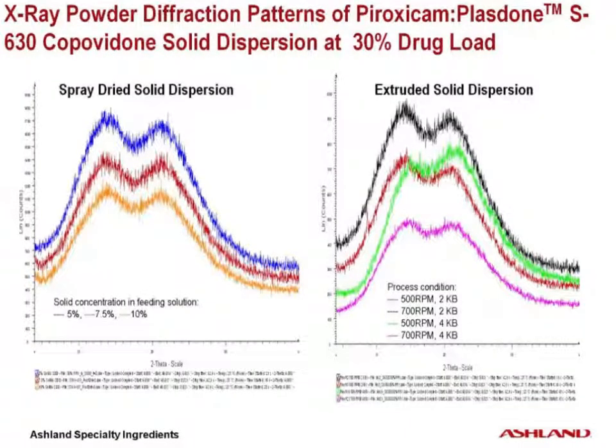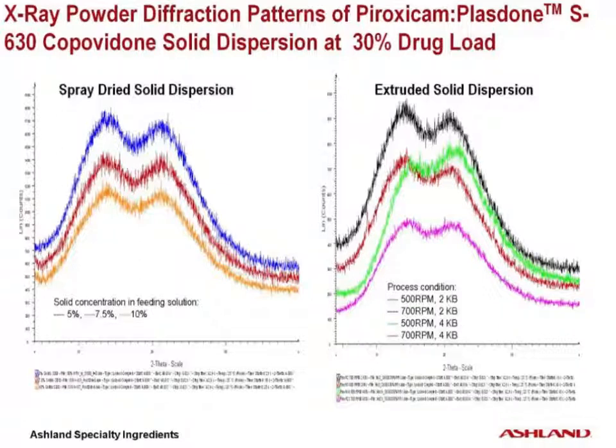Now let's take a look at the X-ray powder diffraction patterns of the solid dispersions at 30% drug load right after the sample preparation. The left-hand side is the result of spray-dried solid dispersions. The samples are amorphous no matter which solid concentration level was in the feeding solution.